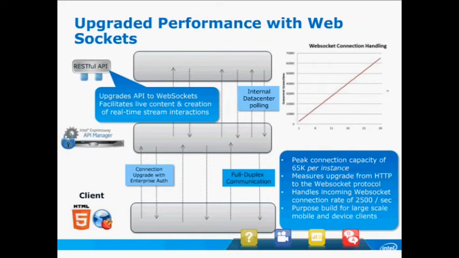So some of the internal data center polling that would be done, traditionally the client would do the polling all the way to the back end, and that can be fairly costly.